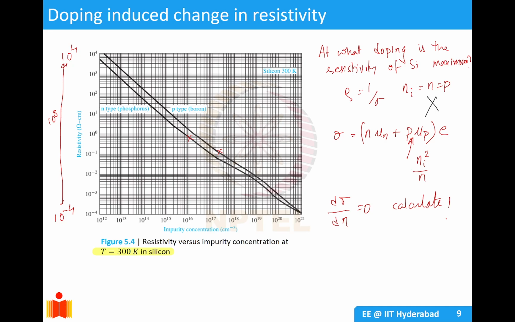And here you can see how the doping changes the value of the resistivity. It does not matter if you are doping it p type or n type, in both cases the value of resistivity decreases.